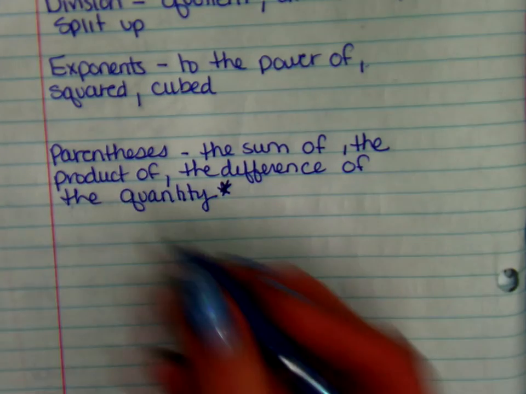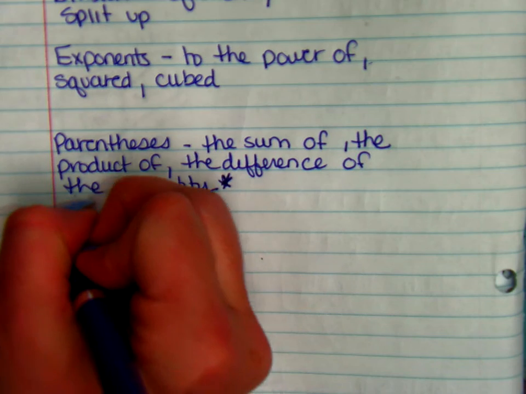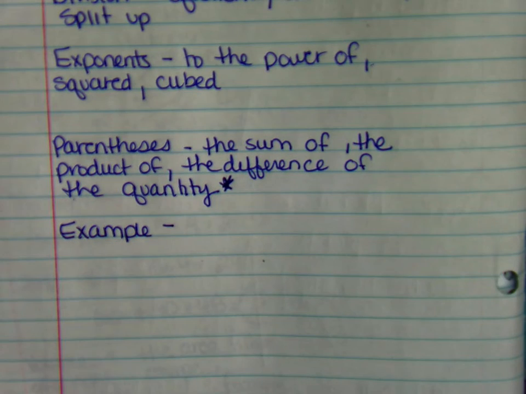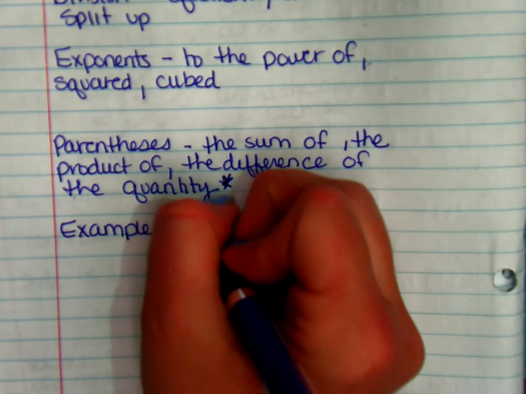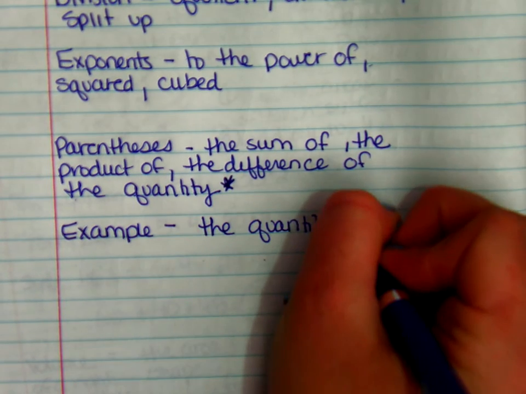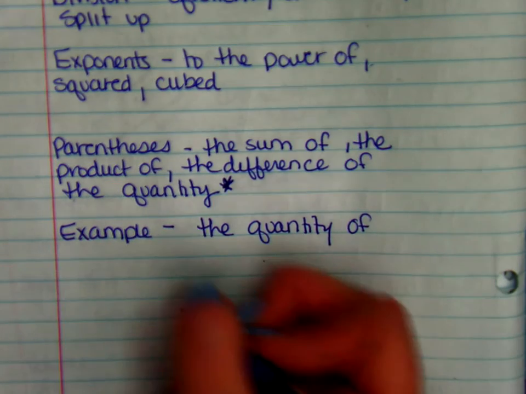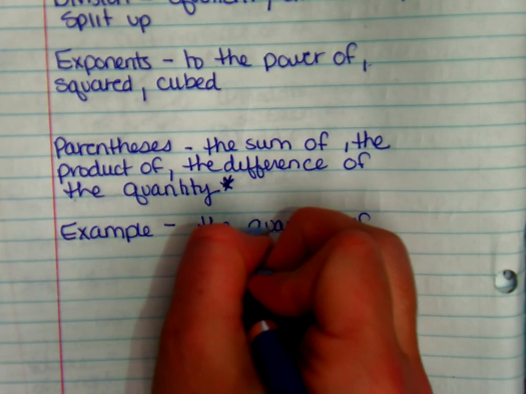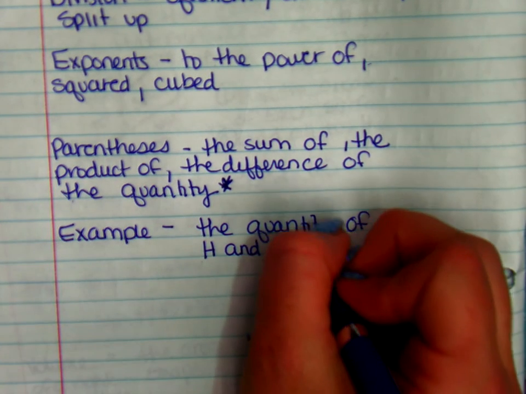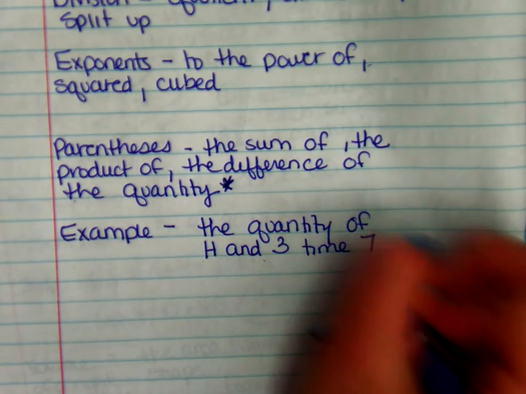Okay, so let's do an example before we finish up here. So here's an example. If I had the quantity of h and 3 times 7.